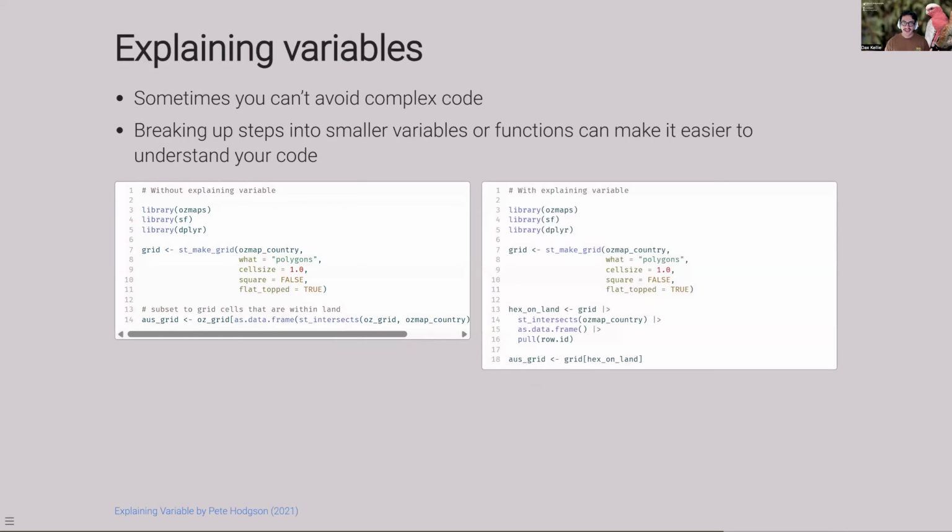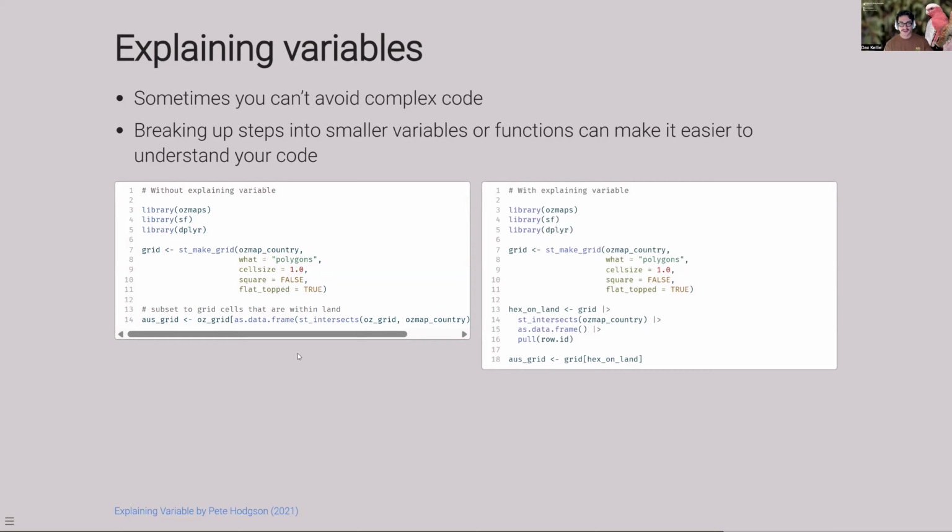Now, sometimes you actually can't avoid complex code, but what you can do is break up those steps into smaller variables or functions to make it easier to understand. And this is generally known as using explaining variables. So here I have two code chunks and they do exactly the same thing.